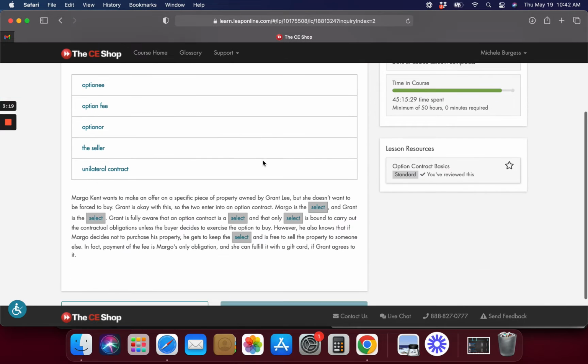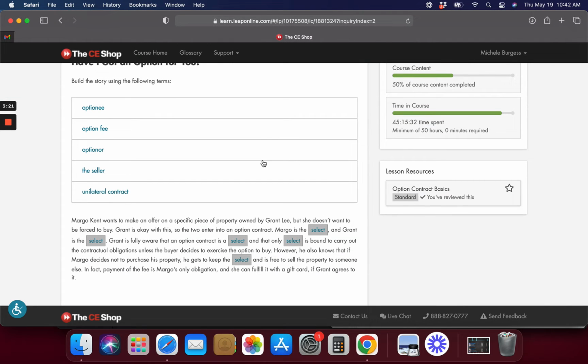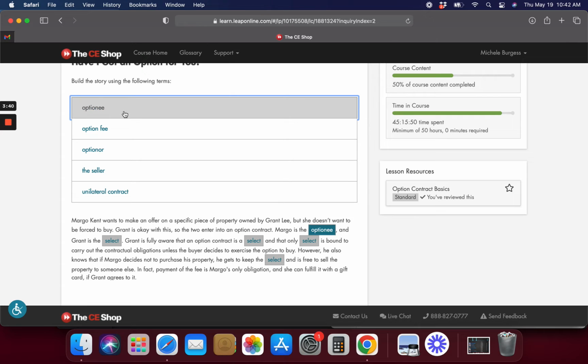Okay, here's an example for you. Margot wants to make an offer on a piece of property, but she doesn't want to be forced to buy it. Grant is okay with that. So the two enter into an option contract. Margot is the optionee. This is where I get confused. Grant is the optionor.